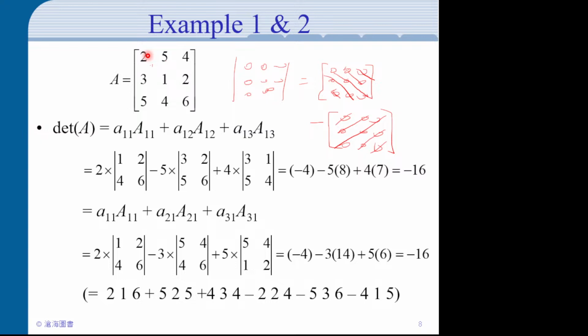Then minus 2 2 4 minus 5 3 6 minus 4 1 5. There is actually an element-wise definition of a determinant for any dimension, but it's out of scope. So if you want to learn it, you can check Wikipedia.